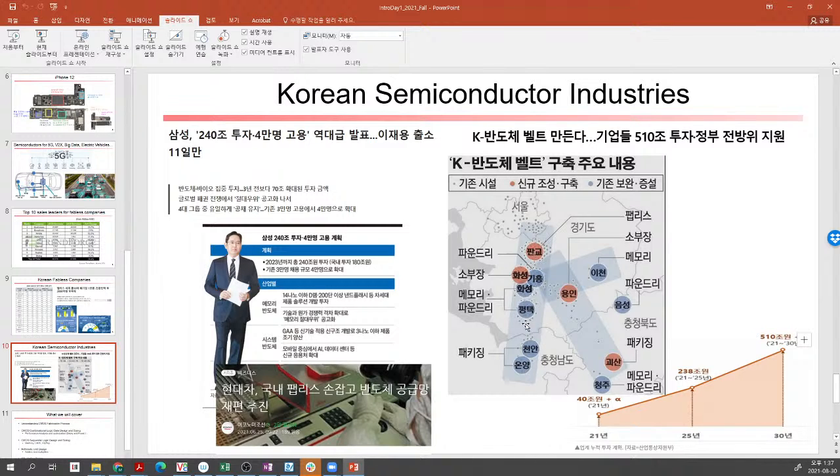In many places they are related to semiconductors. The government invests lots of money to promote the semiconductor industry. Okay.